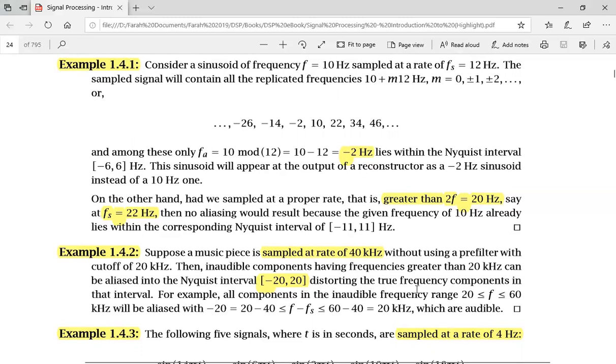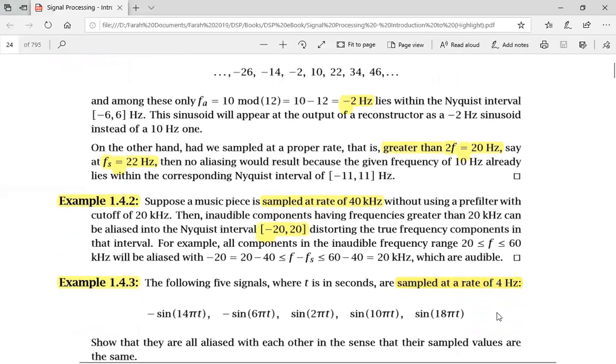An inaudible frequency of minus 20 to 60 would appear as 20 kilohertz. It means it would come into an audible range, and then you can listen to that frequency. Okay, it means the sampling rate is very important, and unless it is properly defined, you would not be able to get your signal back.